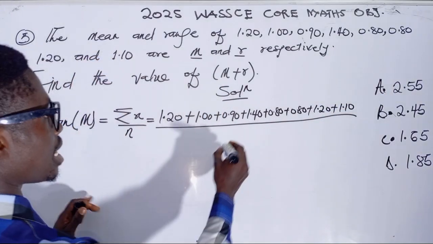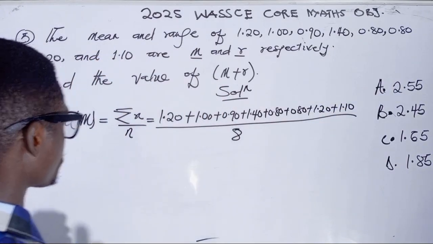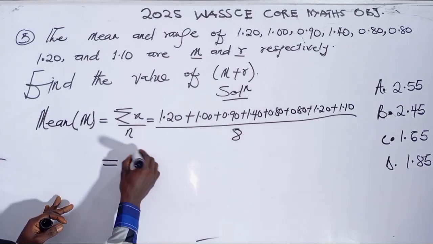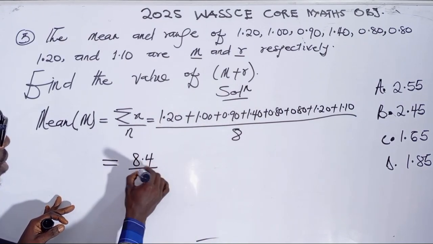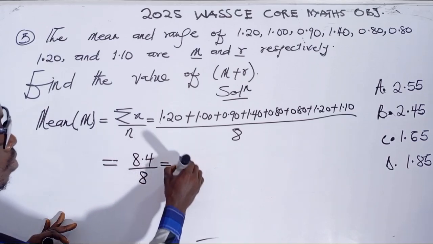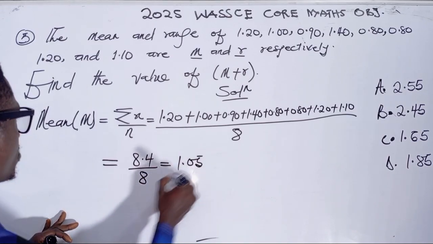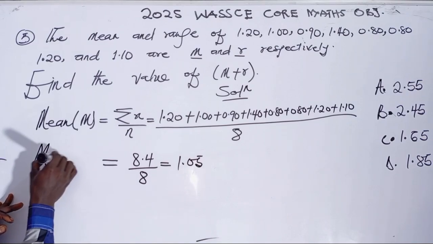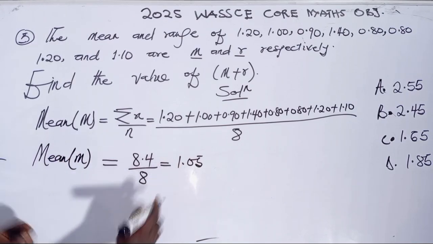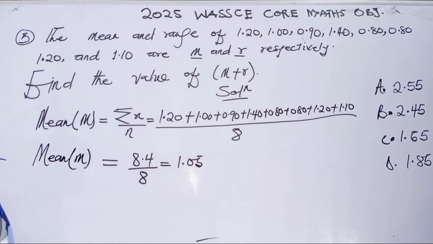So we divide it by 8. Now when you punch all of this on your calculator, we are going to have 8.4 all over 8. When you do your division, you are going to get 1.05. Therefore, the mean is 1.05.